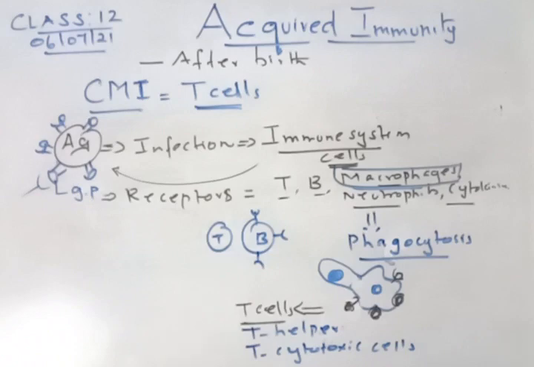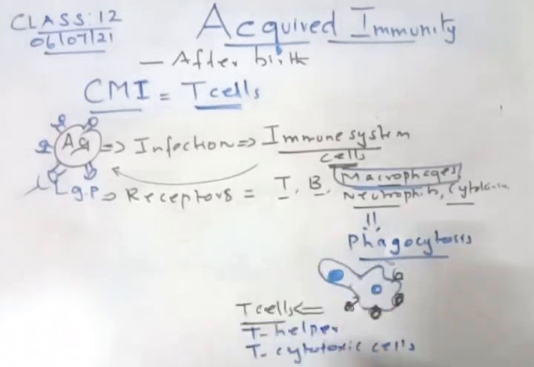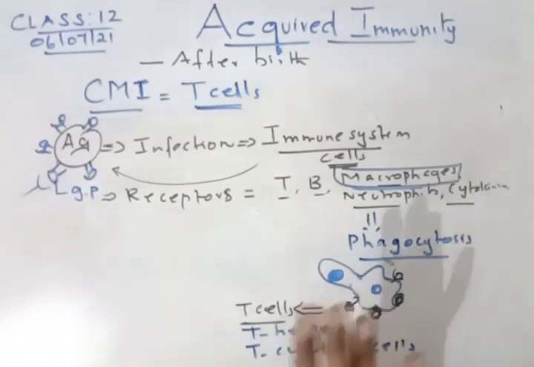So there are two T cells, T helper and T cytotoxic cells. Now what will this macrophage do? After phagocytosis, it will give a signal to the T cells. By that time these two T cells will go and bind with this presented antigen, and then they get activated. This much you are clear, right?